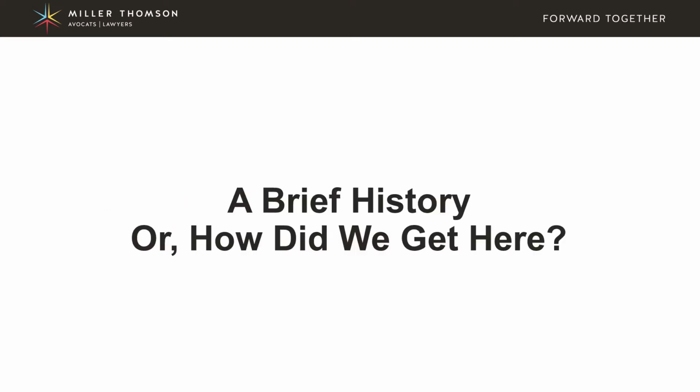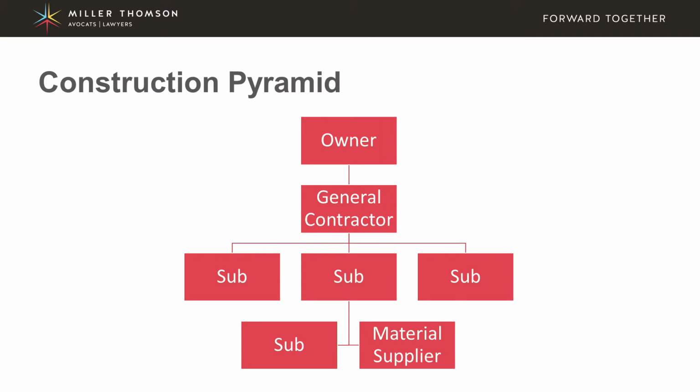So first, let's cover a brief history of how we got to where we are now. By way of background, let's first cover the traditional construction pyramid, because this helps bear in mind how these provisions come into play and how they impact an owner.